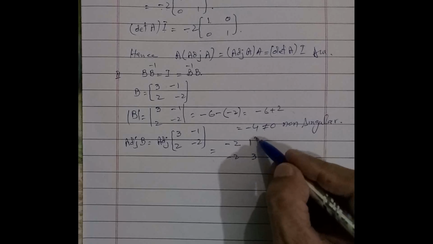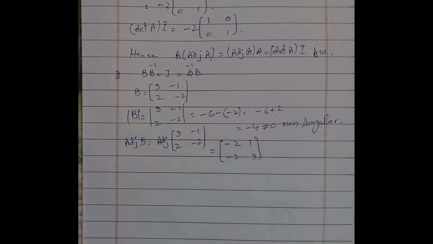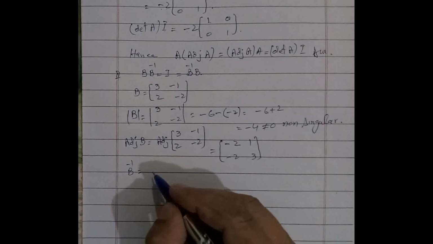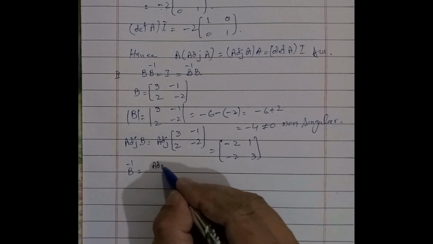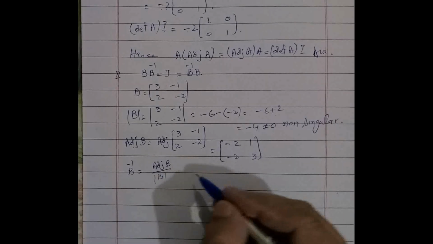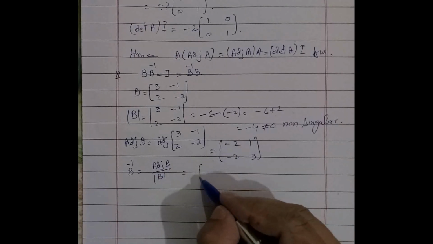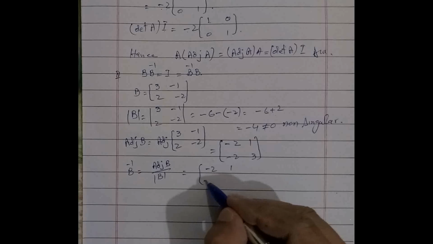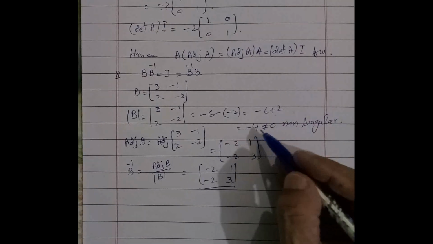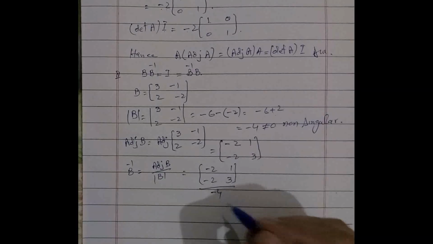This is the adjoint of B, and B inverse is equal to adjoint B over B determinant. The B determinant is equal to minus 4.